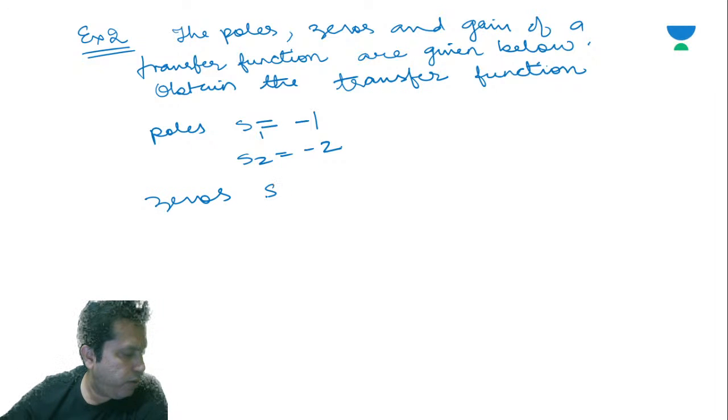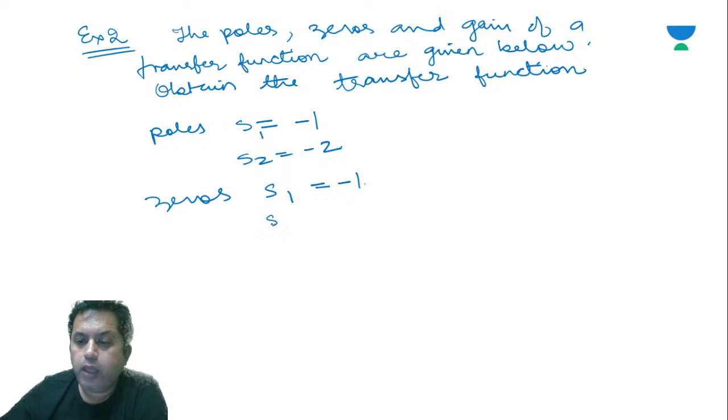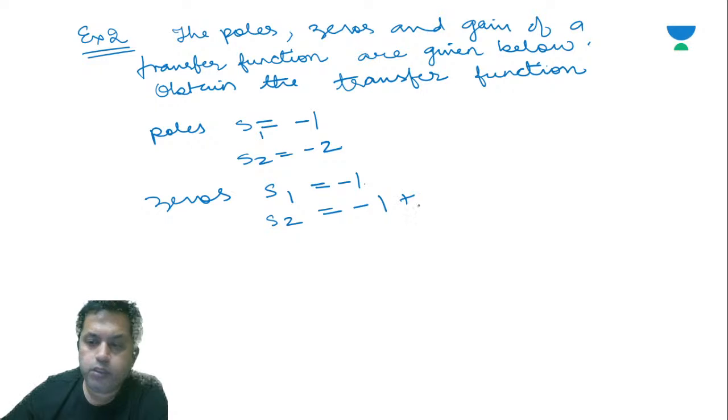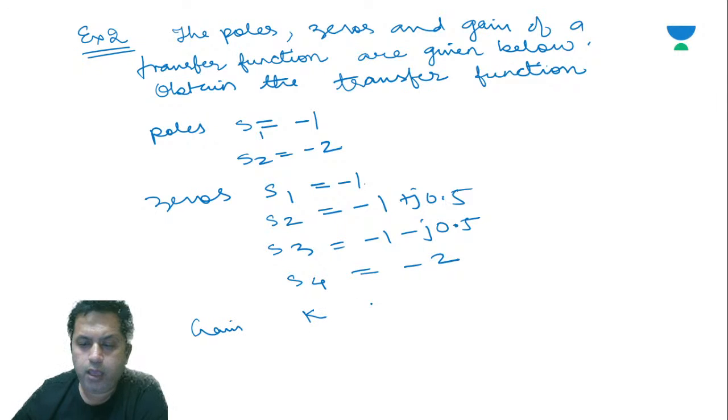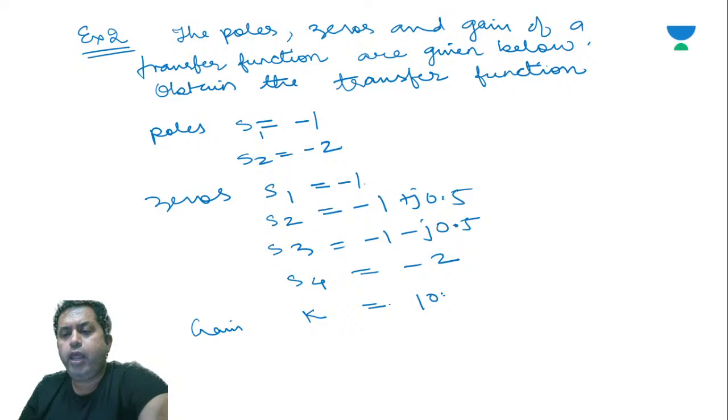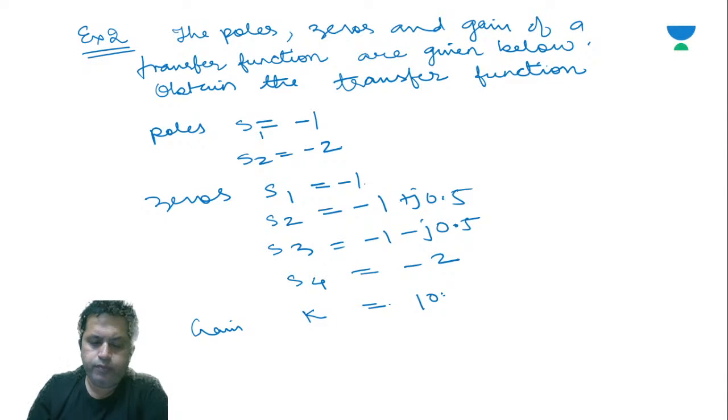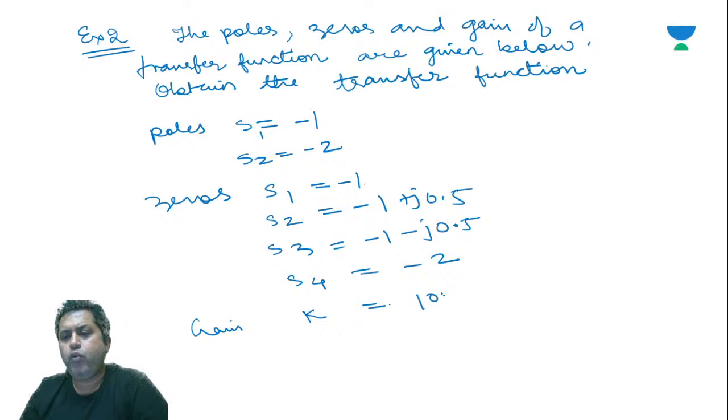Zeros are at s1 equal to -1, s2 equal to -1 plus j 0.5, s3 equal to -1 minus j 0.5, s4 is equal to -2. Gain k is equal to 10.